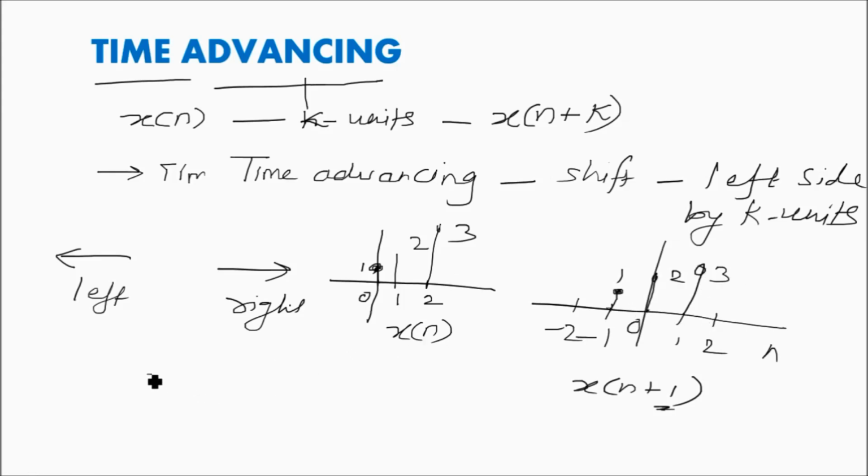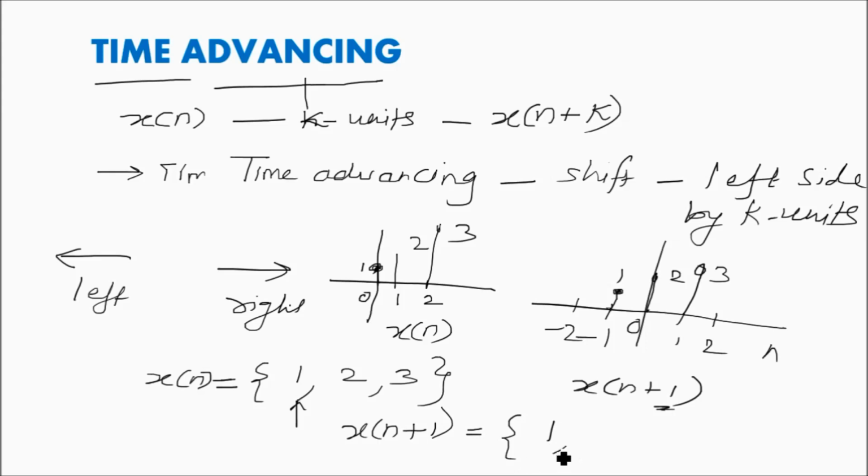So x of n is represented as 1, 2, 3 with the origin shown, and x of n plus 1 is again 1, 2, 3, but the origin is shifted because of the time advancing.